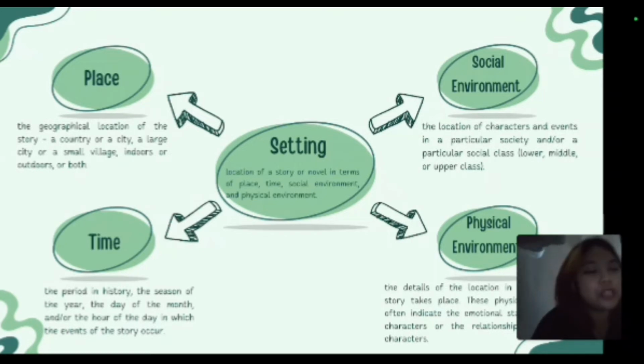Now, for the social environment, the location of characters and events in a particular society or a particular social class: lower class, middle class, and upper class.